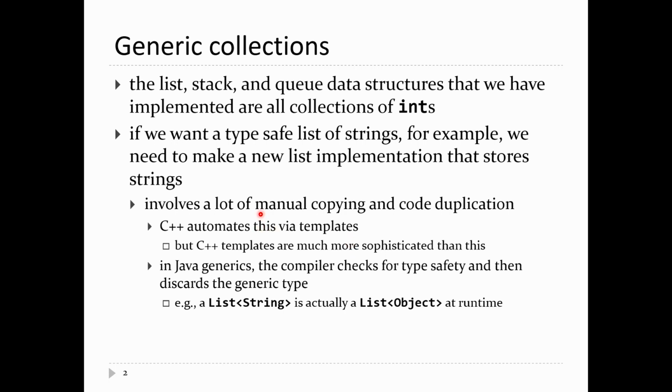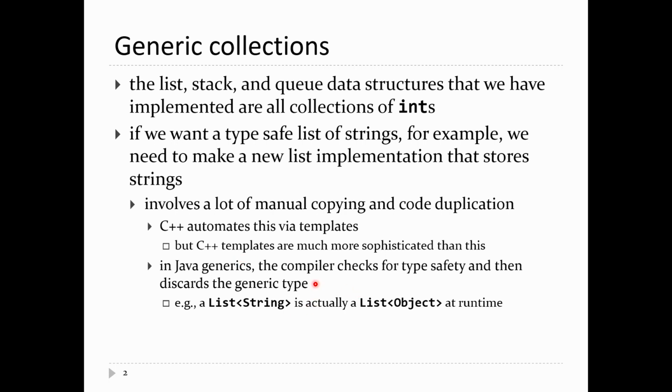You can create a generic collection, but every time you make a generic collection of a different type, the compiler synthesizes a new class to store elements of that type. The compiler does all the work for you, which is nice, so there's no manual code duplication. There's still a lot of code duplication happening, but at least the compiler is taking care of it for you. I should also point out that templates are much more sophisticated than this. In fact, the template mechanism in C++ is actually a language of its own.